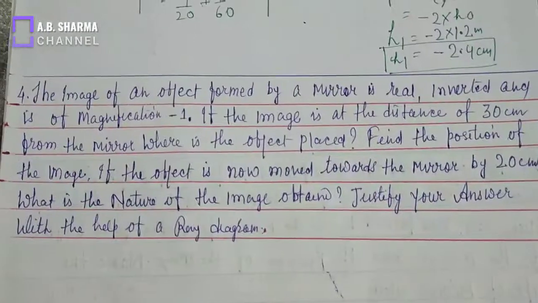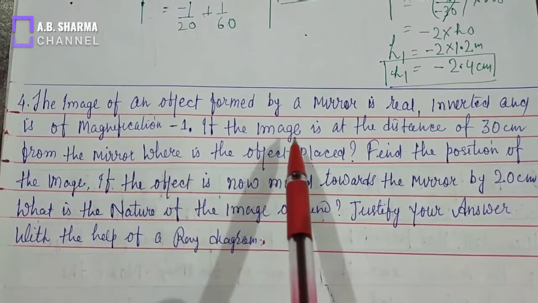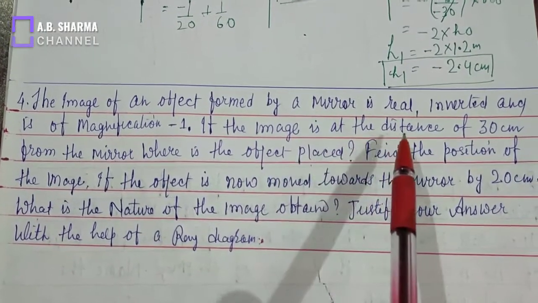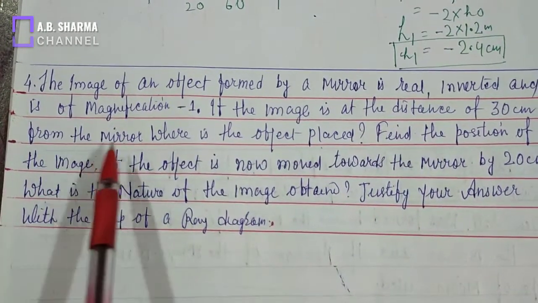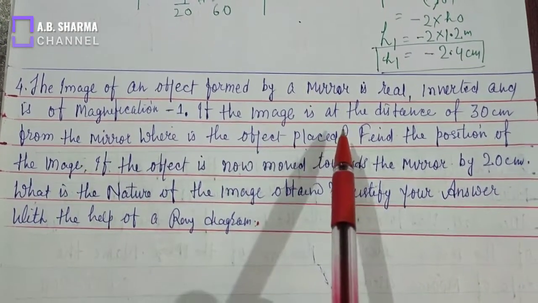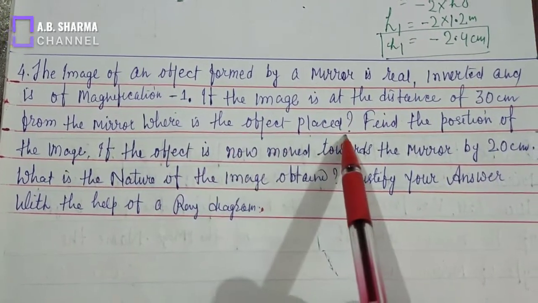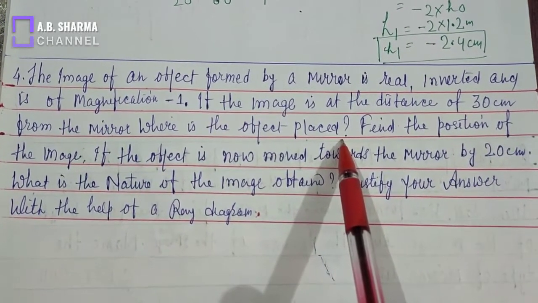Now the next question is that the image of an object formed by a mirror is real, inverted, and is of magnification minus 1. If the image is at a distance of 30 cm from the mirror, where is the object placed? This is the first part of the question.